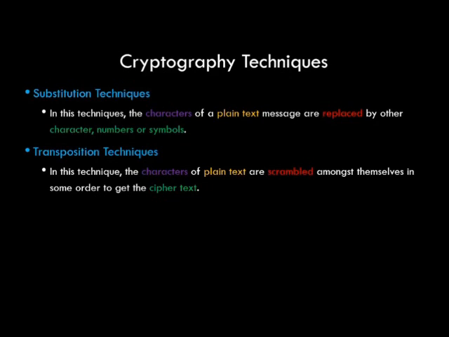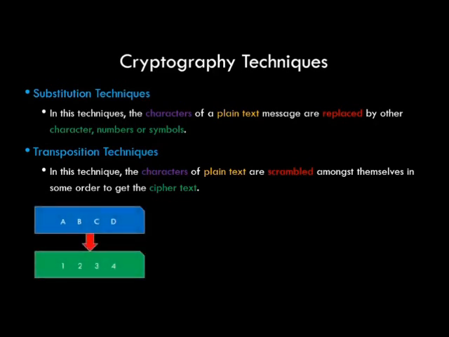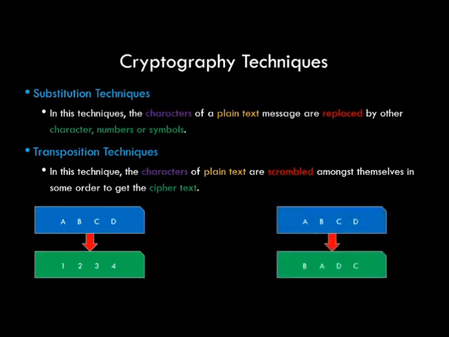In this technique, the characters of plain text are scrambled amongst themselves in some order to get the ciphertext. For example, in this case, the characters A, B, C, D are replaced with the numbers 1, 2, 3, 4. So this is encryption by substitution, as those characters are replaced by other symbols and numbers.